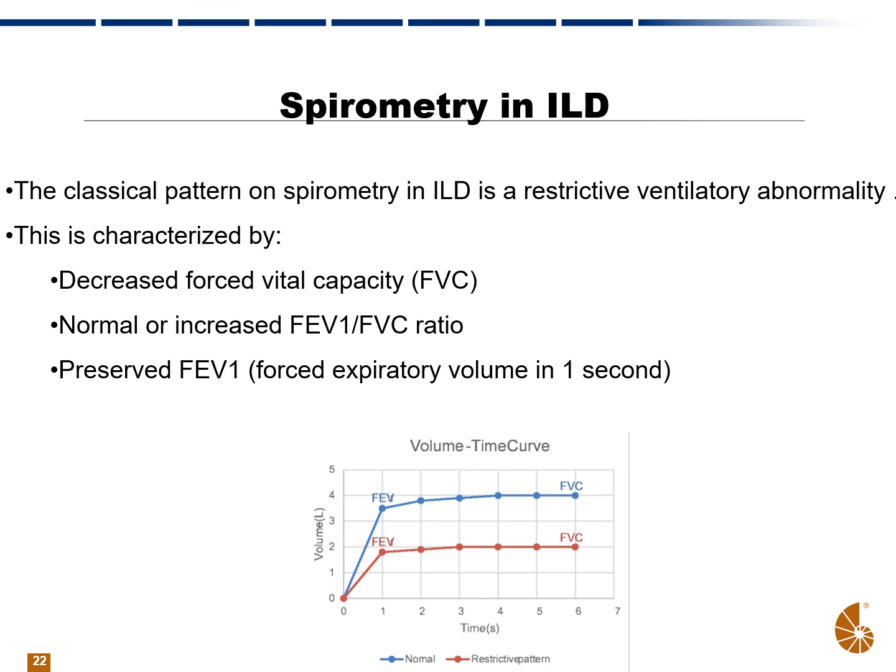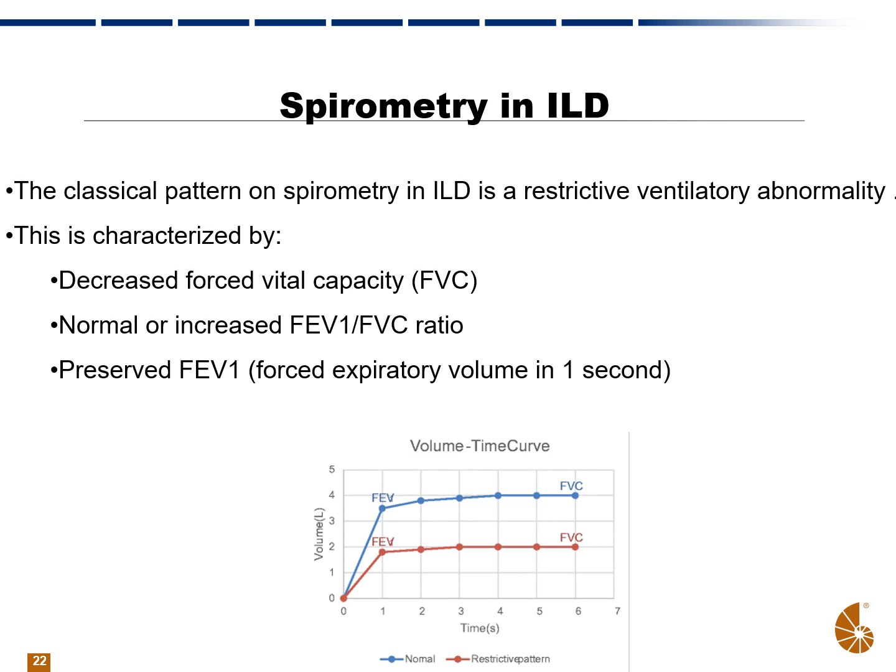There still may be a normal or increased FEV1, or forced expiratory volume in 1 second, over FVC ratio, and FEV1 may be preserved. We talked about in obstructive lung disease that FEV1 was decreased.